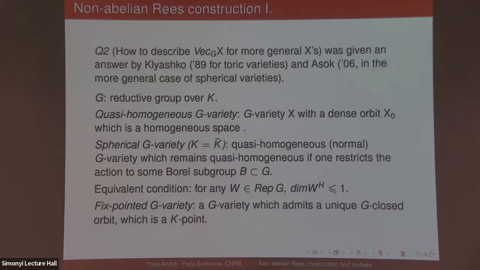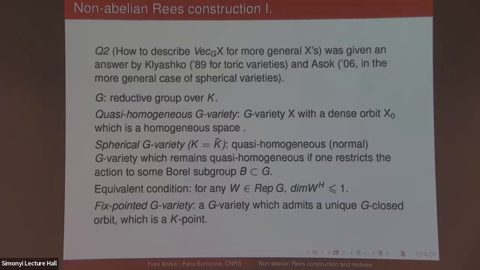G is a reductive group. The basic notion in this talk is the notion of quasi-homogeneous G variety. In the literature, it's also called prehomogeneous G variety. This is exactly the same thing.